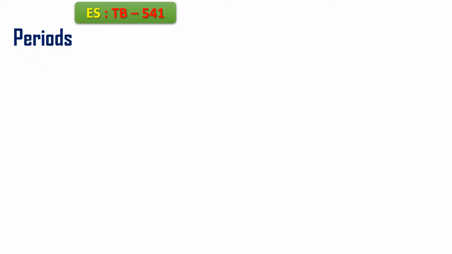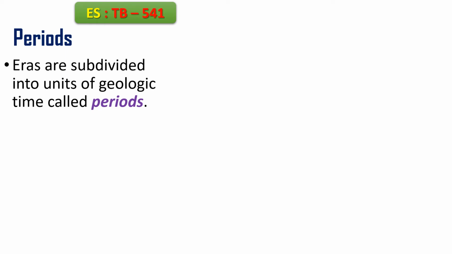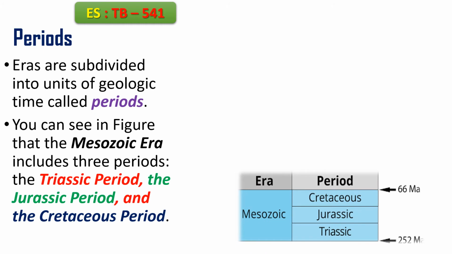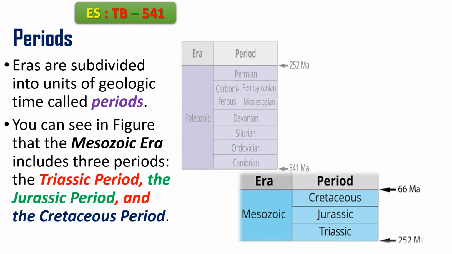Periods. Eras are subdivided into units of geologic time called periods. You can see in the figure that the Mesozoic era includes three periods: the Triassic period, the Jurassic period, and the Cretaceous period.